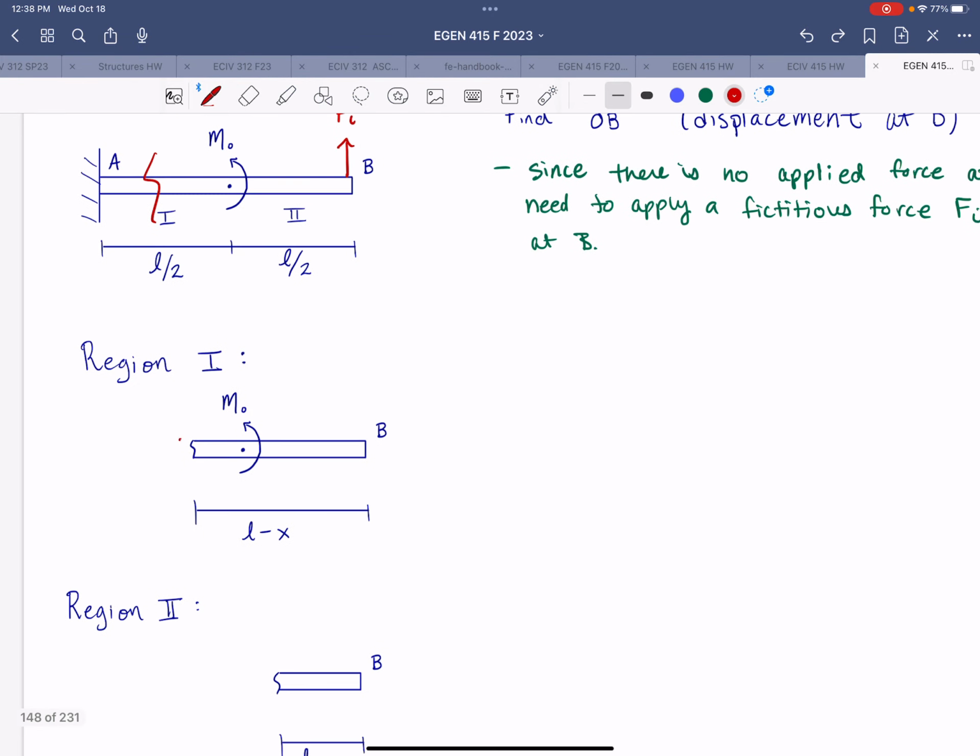We are exposing internal forces at the cut. All we're interested in is the moment, so I'm going to call that M for region 1. And our X will be measured as positive from the left end.